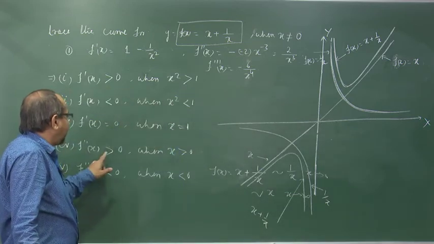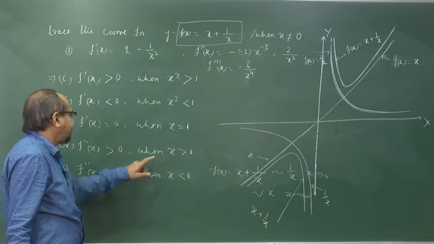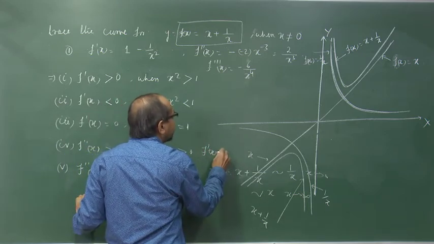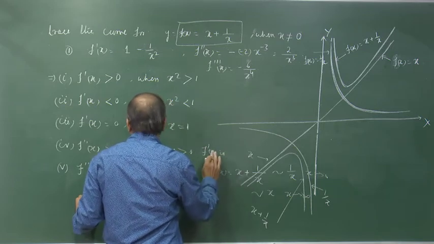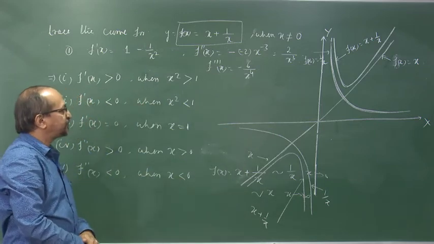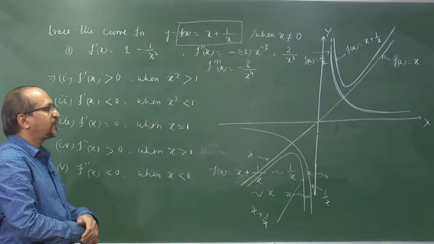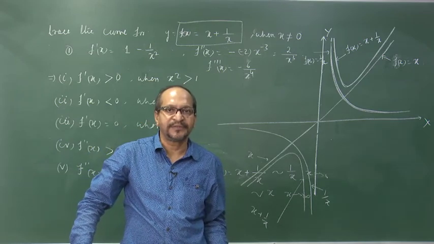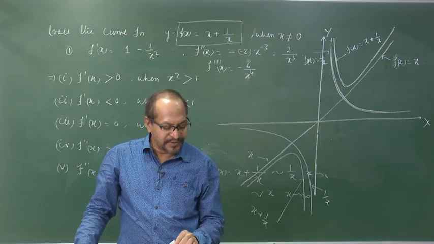So, here f double dash x is positive, means f dash x is strictly increasing, slope is increasing, and here f dash x is decreasing. Okay. That we have seen. So, this is the shape of the curve for this particular function f of x is equal to x plus 1 by x. Okay. Now, we can plot some more examples.